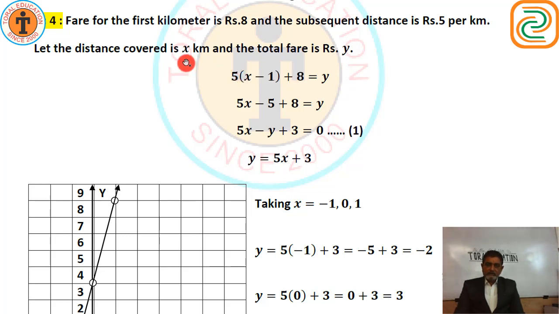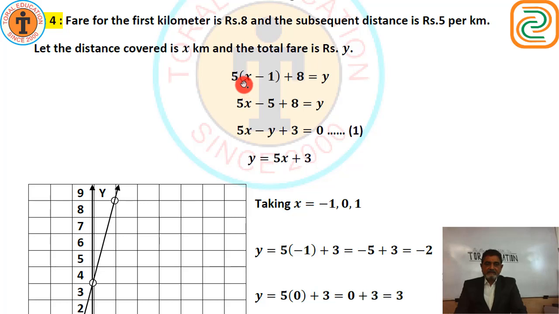So we have to subtract 1 because 1 kilometer is subtracted. Its fare is 8 rupees. Remaining kilometers are x minus 1. Then each kilometer fare is rupees 5. So 5 into (x minus 1) plus 8 equals y.